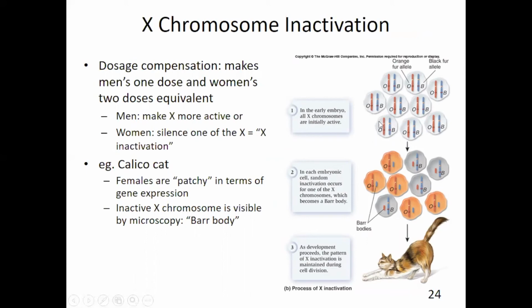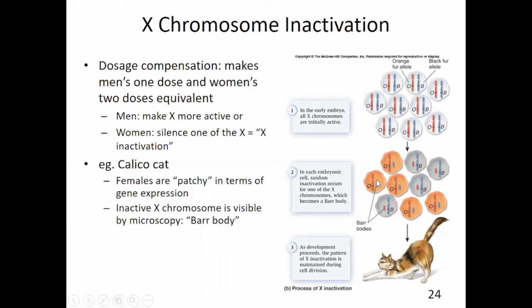And we see that 1 copy of the X chromosome here in red has the allele for orange color fur, while the chromosome shown here in blue has the allele for black fur. Again, during development, at random, one of these chromosomes is silenced in every cell.